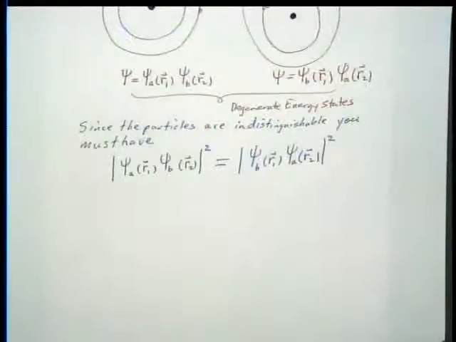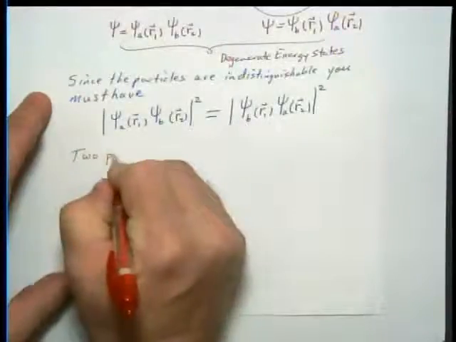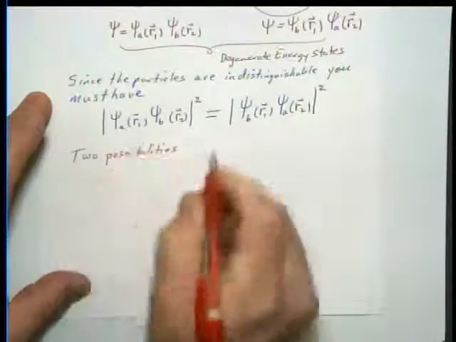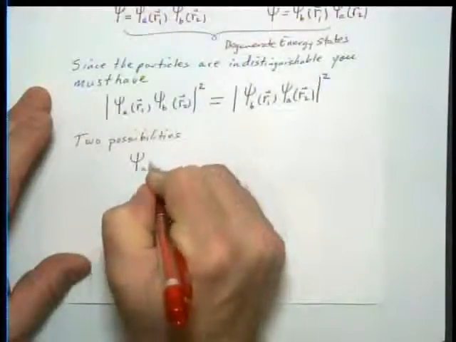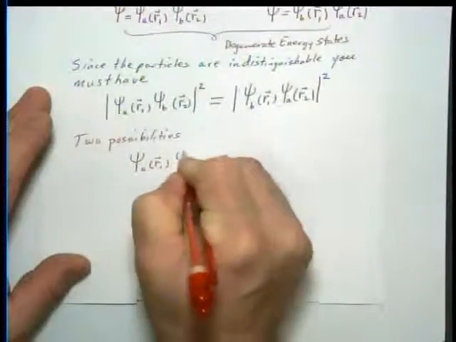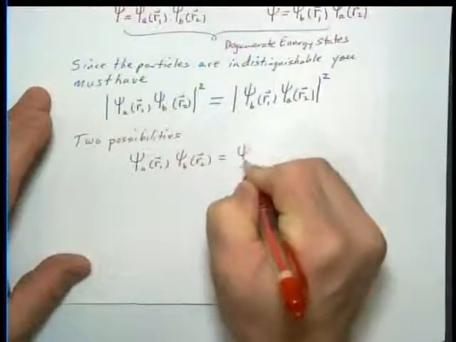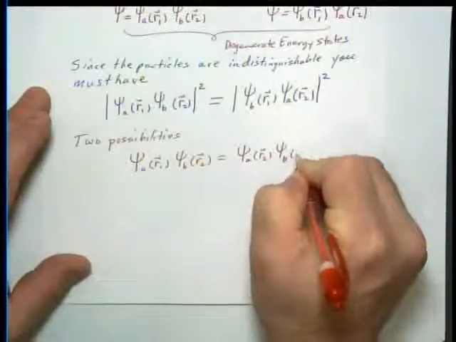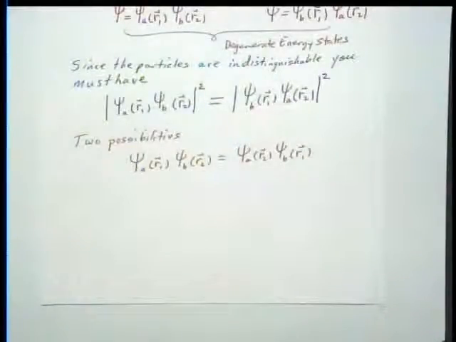So we have two possibilities. Two possibilities. And only two possibilities. The first one is, when you switch the coordinates, that is, you switch the particles, the wave function is unchanged.